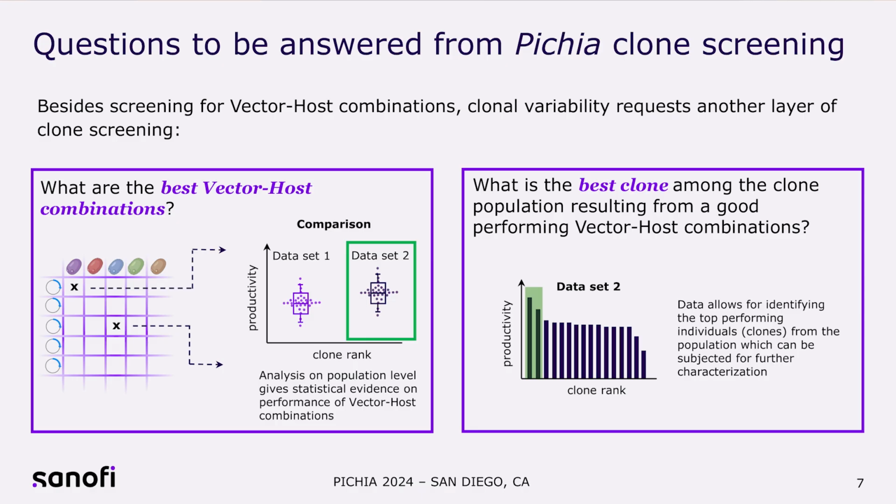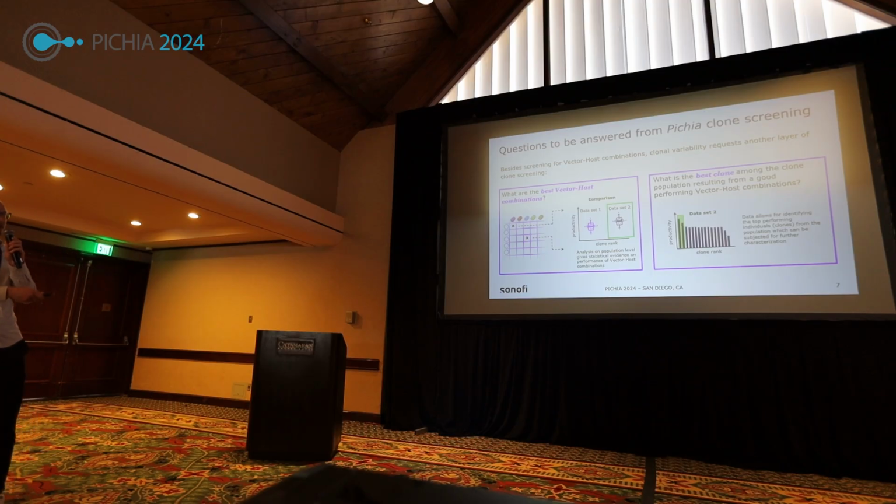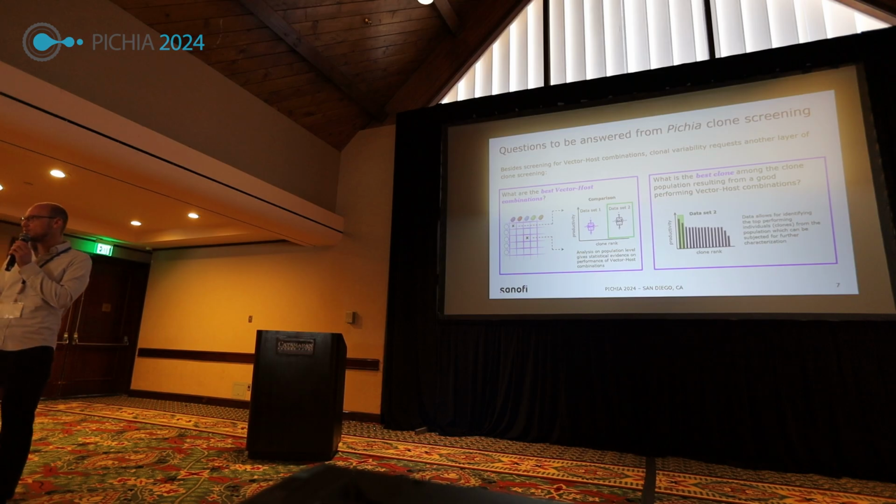The aim is to select a set of good vector host combinations, and among that set, the second question is to select the best performing clones within those good performing vector host combinations, but that data typically comes along with the data you have already generated at this stage. These are then interesting clone candidates to evaluate further in a screening approach.